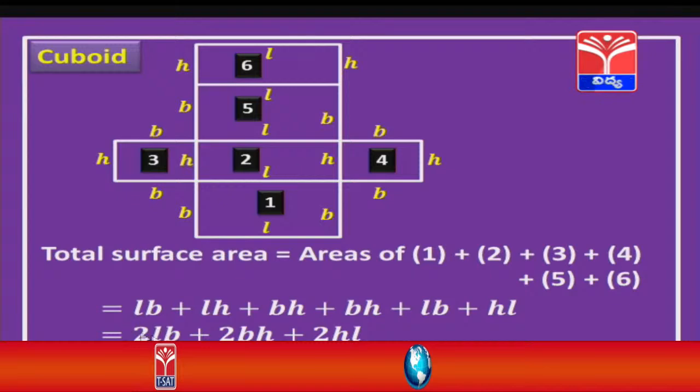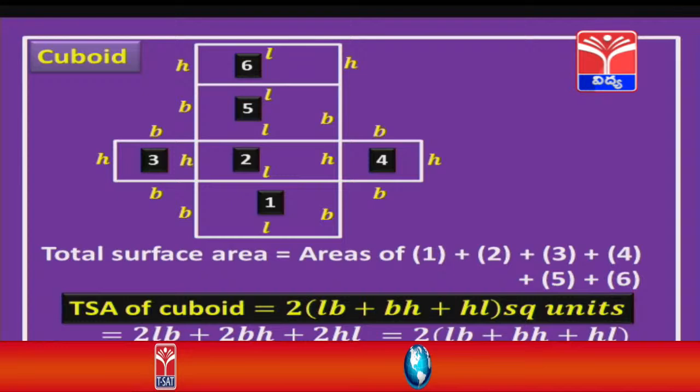You can see 2 is common in all these 3 terms. Now, let us take that 2 as common factor. Now, what is left, children? We get 2 into (LB plus BH plus HL). Now, this is the formula to find the total surface area, or simply we write it as TSA of cuboid, which is 2(LB plus BH plus HL) square units. So, children, it is very important to write the units of this area also.